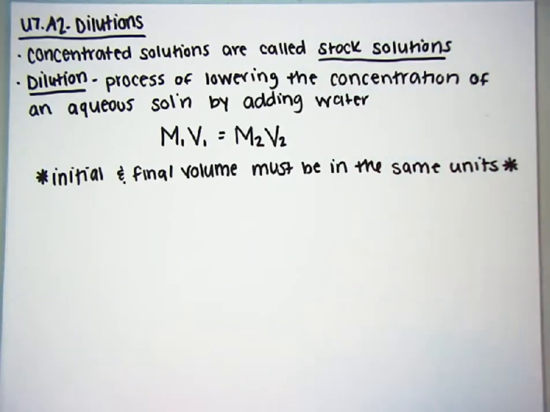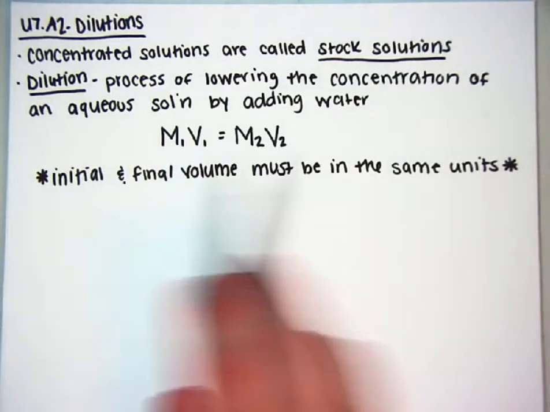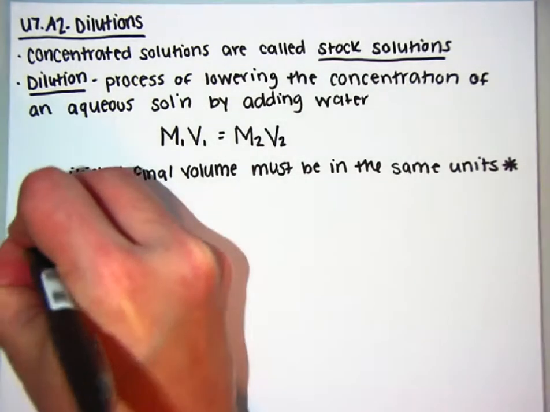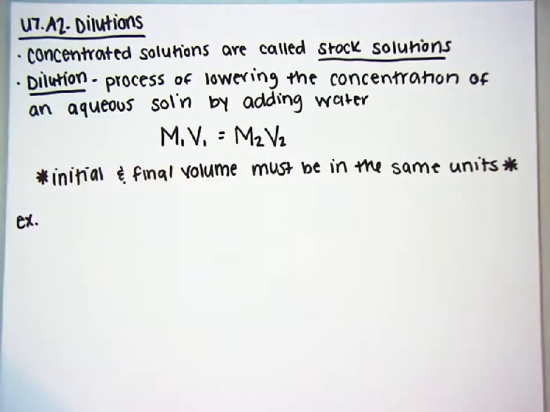So if your initial volume is milliliters, your final volume has to be milliliters. If your initial volume is liters, the final has to be liters. Those need to be the same. All right, let's get right to the math.